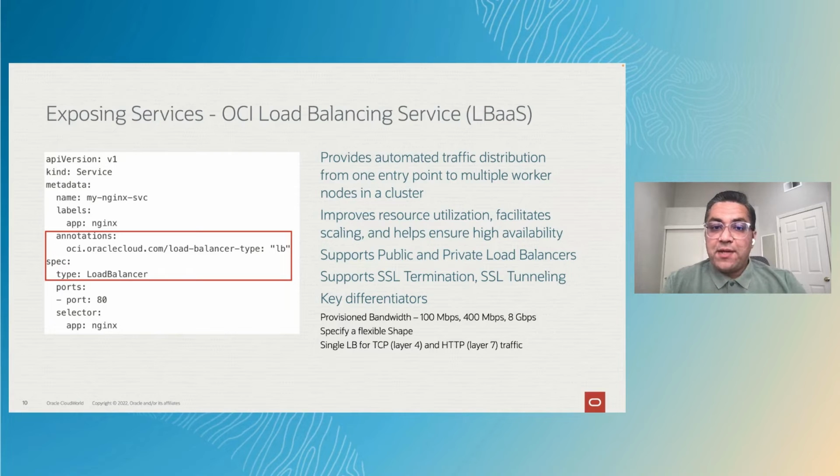So this configuration you see right here would create an OCI load balancer to expose your application as a service. This is achieved by creating annotations on top of the service, as shown in the above example.